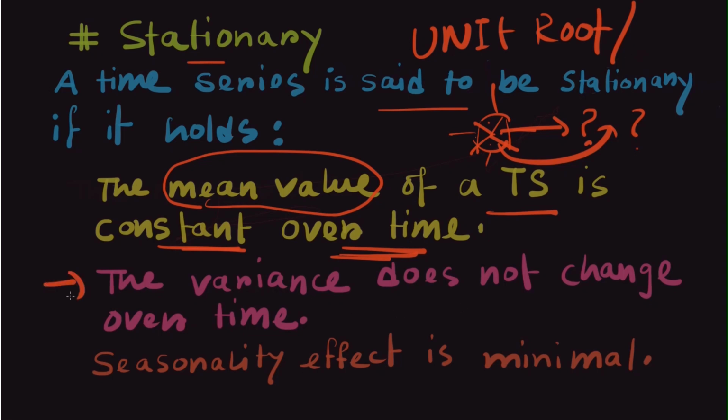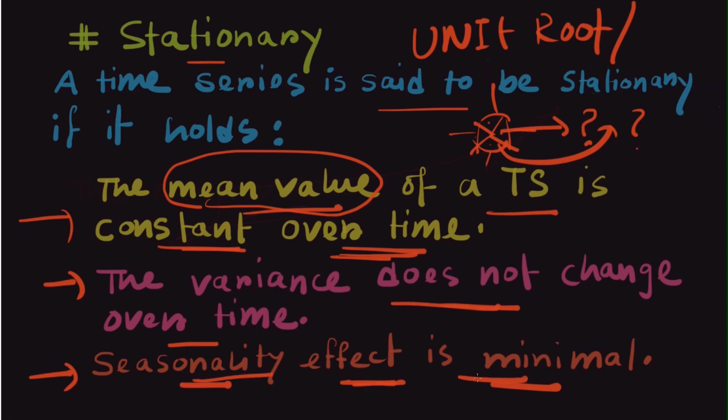The second point is that the variance does not change over time. And the third point is that the seasonality effect is minimal. So the mean is constant over time, the variance does not change over time, and the seasonality effect is minimal.